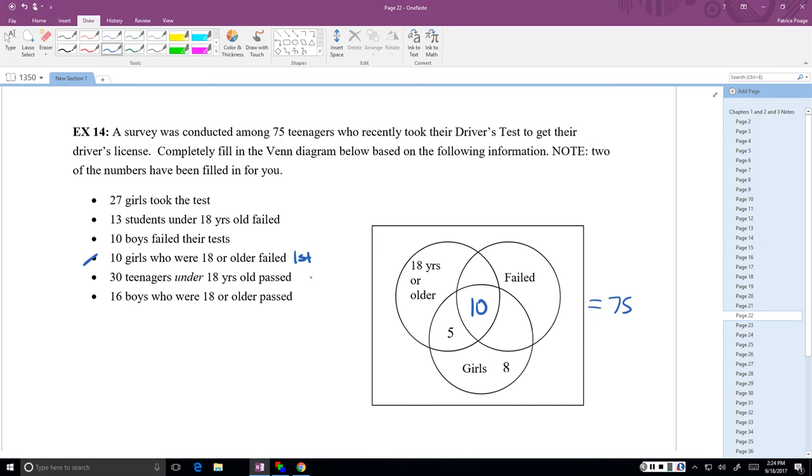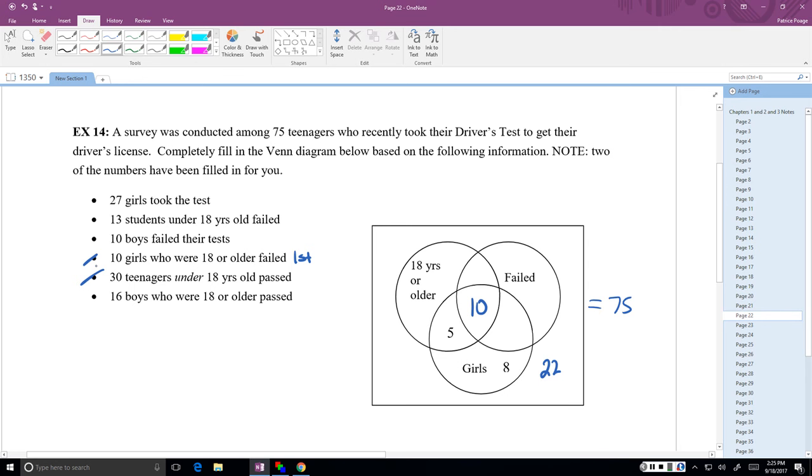So they're not in this circle or that circle. So they're just these 2. So that leaves 22 on the outside. Who specifically are those 22 people, Miss Martinez? Boys who passed and are under 18. You got it.